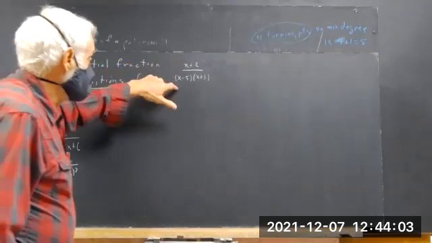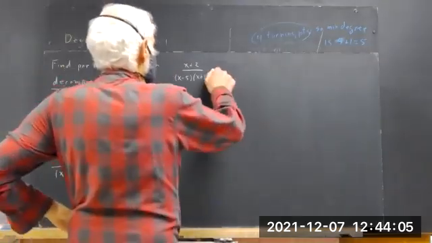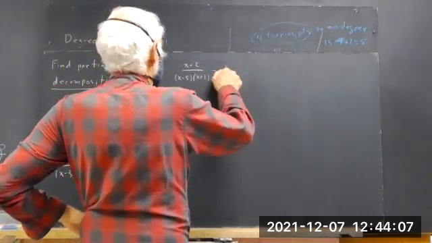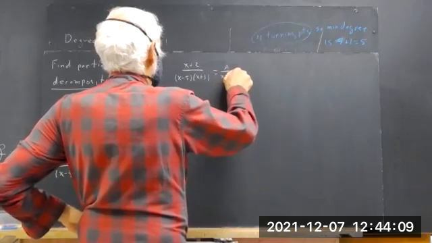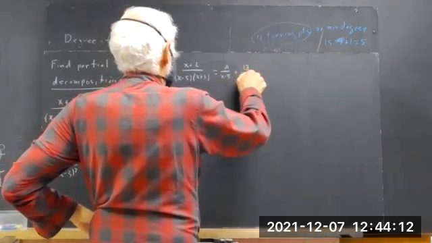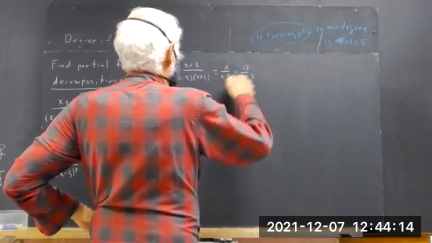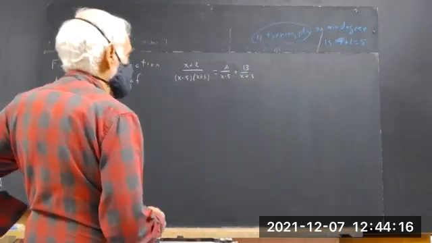Okay, this first expression is going to equal a over x minus 5 plus b over x plus 3.